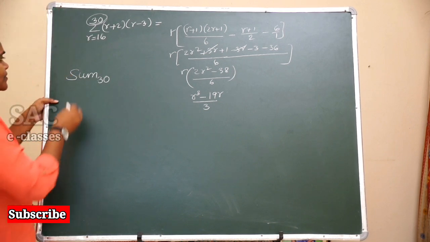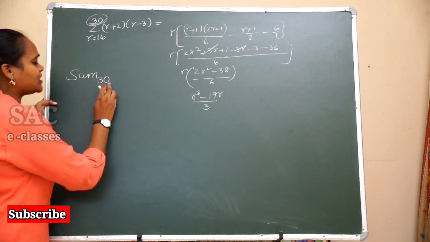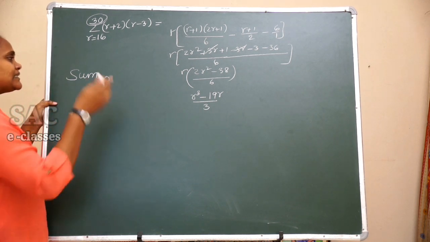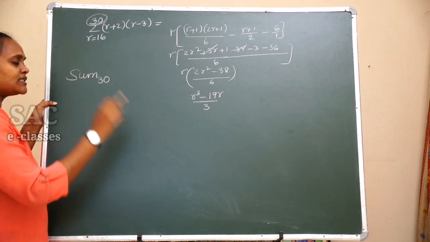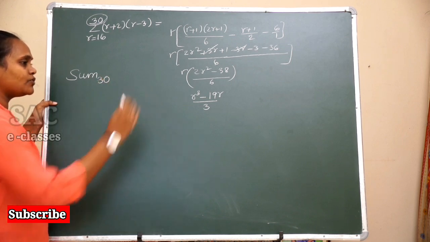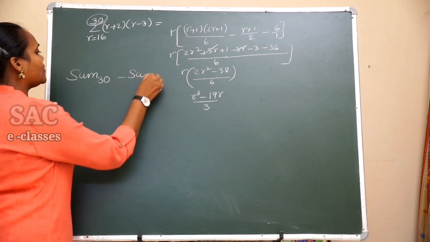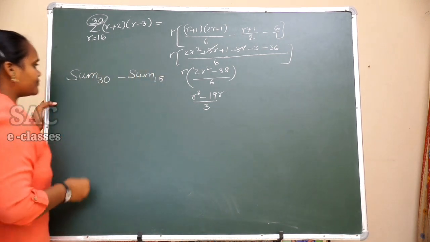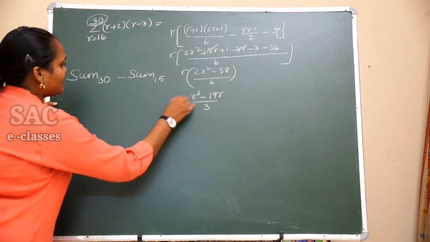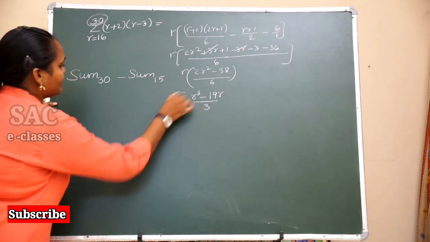So what we are going to do is find the sum of 30 terms first. In that, 16 to 30 is what you want, and 1 to 15 is what you don't want. So I subtract the sum of 1 to 15, using the sum of the r terms given to you.